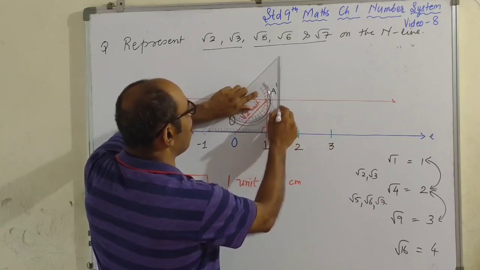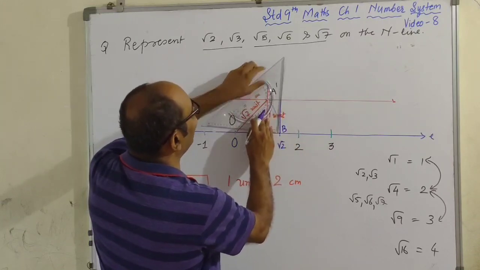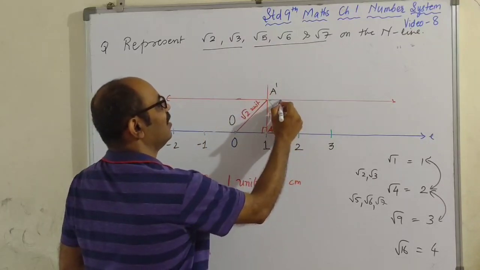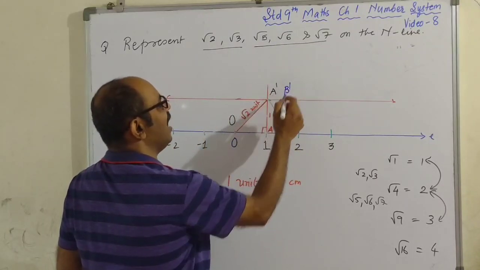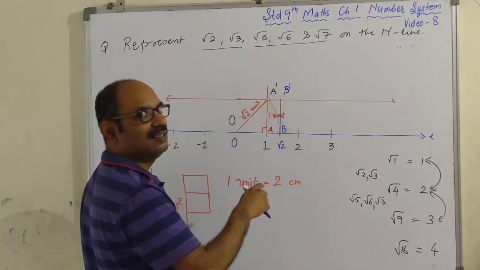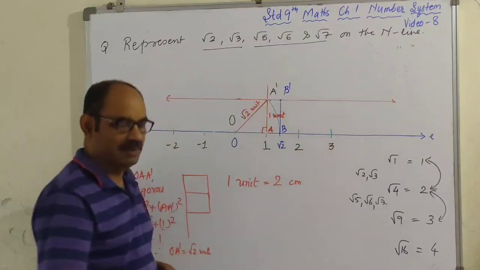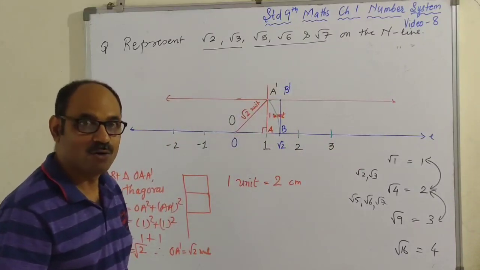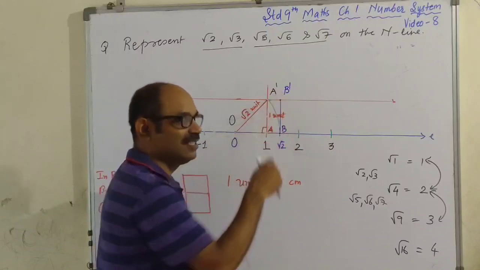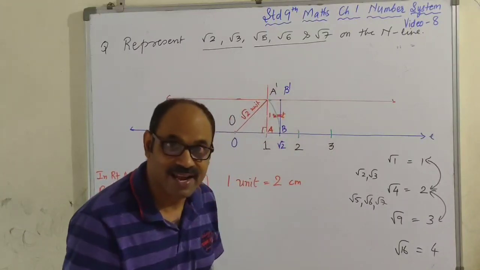Now you can draw up till here. That line segment has to touch that red line. This point is B dash. Children, what is AA dash and what is BB dash? Both are perpendicular distance between parallel lines. So they have to be equal. So AA dash is 1 unit. So BB dash is also 1 unit.